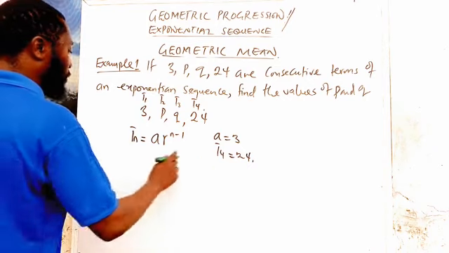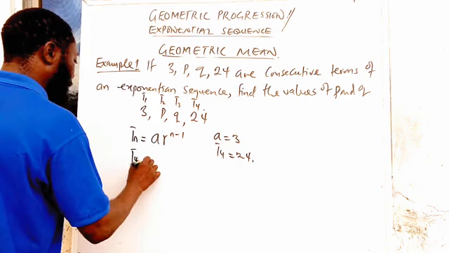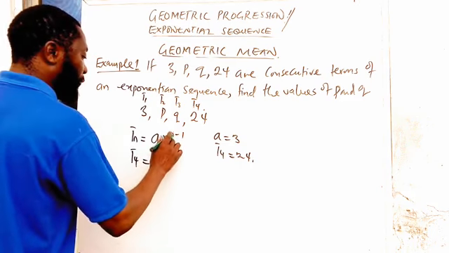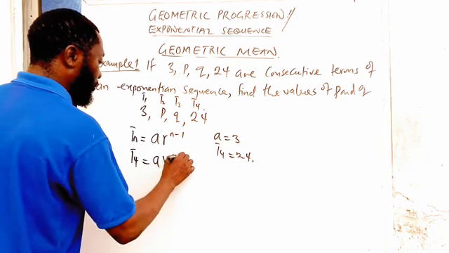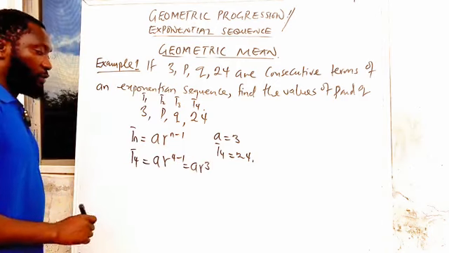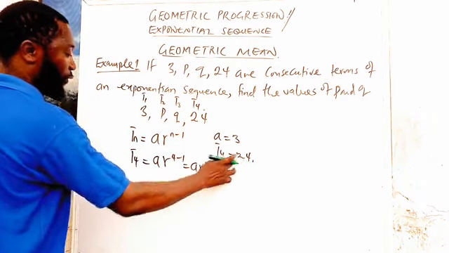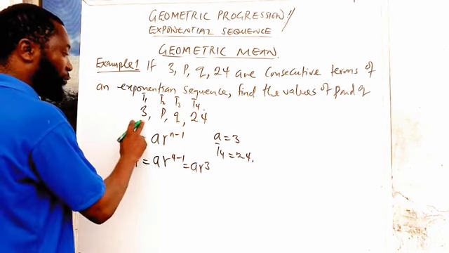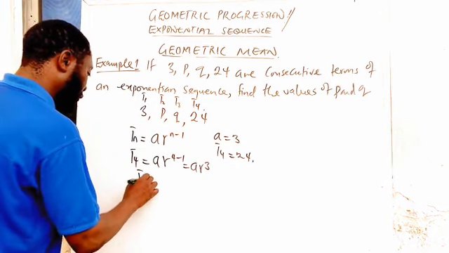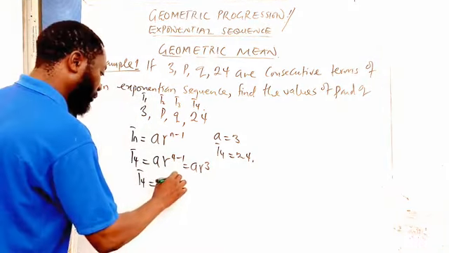Meaning our T4 equals a r raised to the power of 4 minus 1, and that is a r cubed.